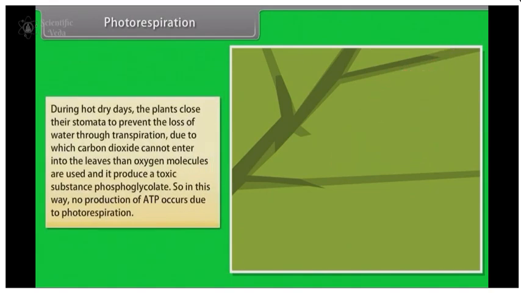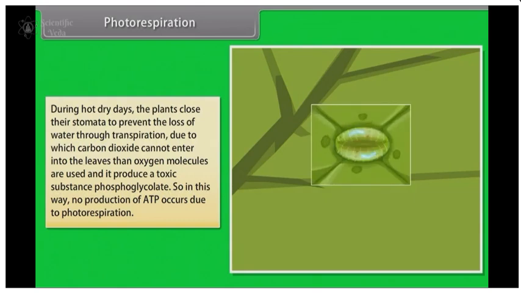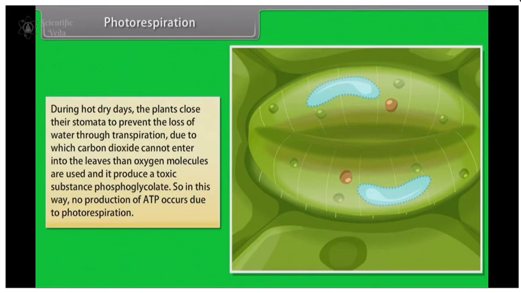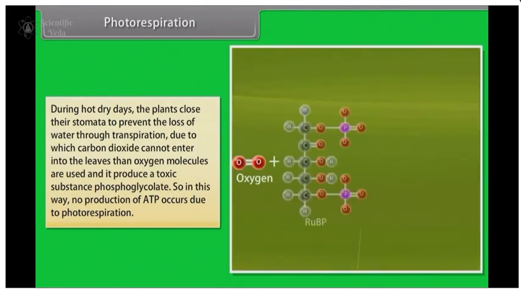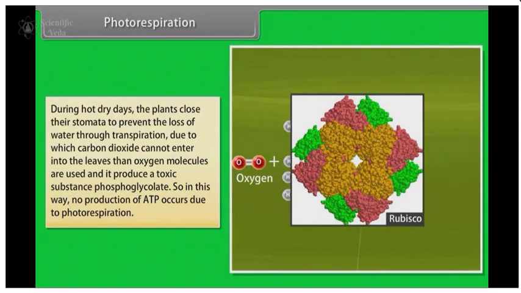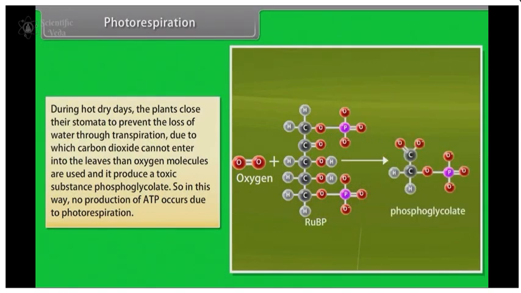During hot, dry days, the plants close their stomata to prevent the loss of water through transpiration, due to which carbon dioxide cannot enter into the leaves, so oxygen molecules are used and it produces a toxic substance, phosphoglycolate. So, in this way, no production of ATP occurs due to photorespiration.